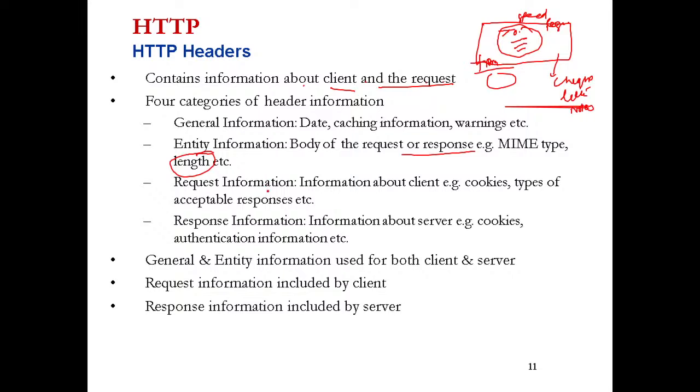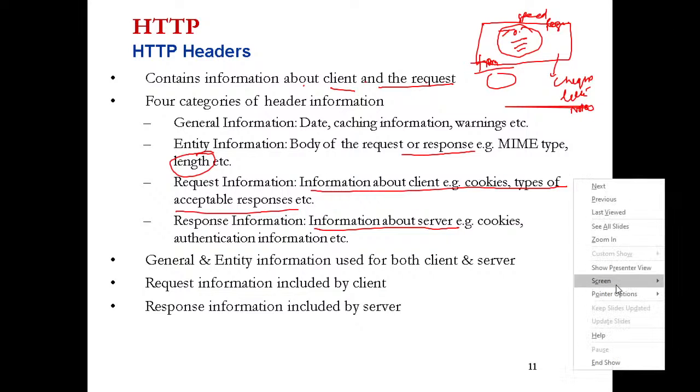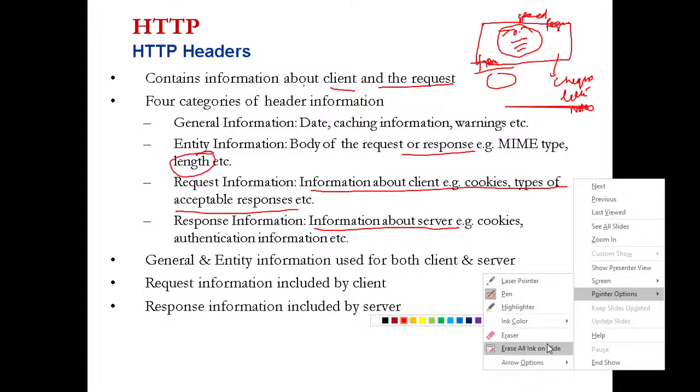Then request information means information about the client. For example, cookies, types of acceptance, acceptable response. These are all the information which is called request information about the client. Then response information is information about the server. So both information are available, as on this letter we have two pieces of information. One is for the client, another is ours.